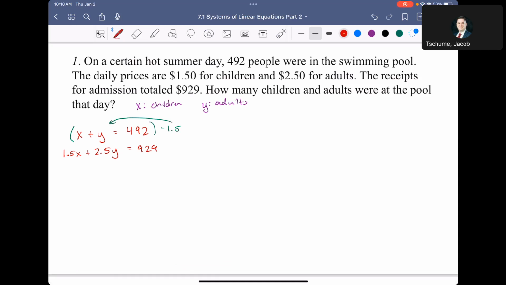And so when I do that, you're going to have negative 1.5x minus 1.5y, and then I'm going to need my calculator. So I'm going to do 492 times negative 1.5, and I got negative 738. And then my second equation, I'm going to leave alone.